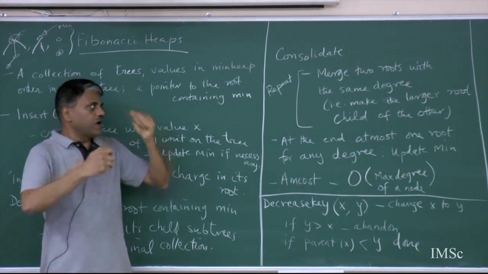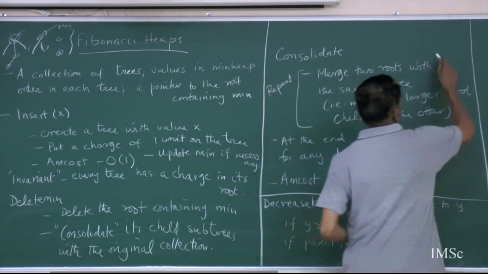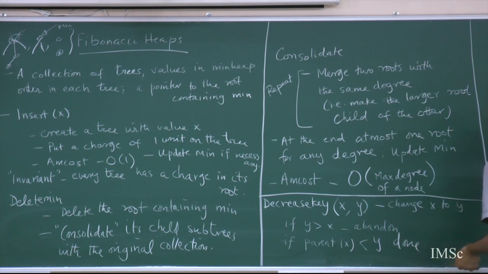Because here is a node, its value is changed to y, and if the parent is smaller than this new y, then its min heap property is satisfied, because down below you don't have to worry about it: even x was smaller than all its children, it was a min heap. Now you decreased it even further, it will still satisfy the min heap. Okay. So if this happens, you're done.